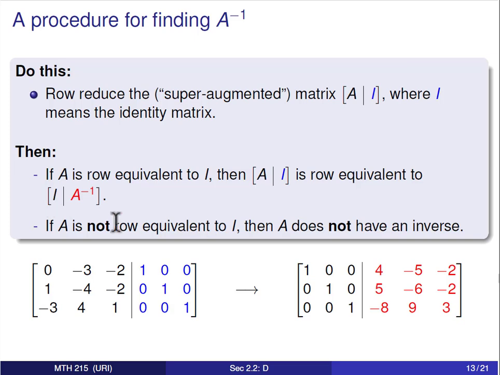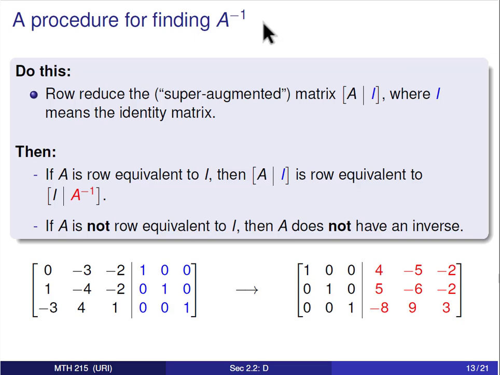At the end, we ended up with the identity matrix on the left, and the columns of B, or the columns of A inverse, turn out to be the entries that you see on the right after all of your row reductions. So this will always work, it turns out.